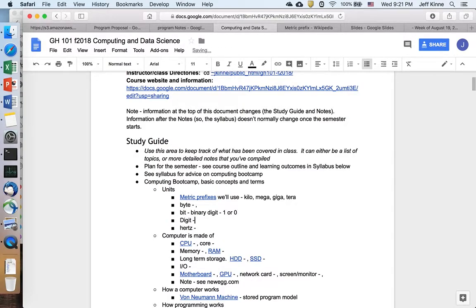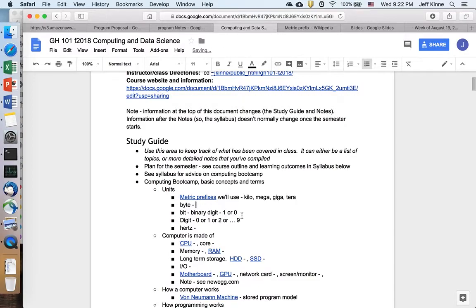A digit is 0 or 1 or 2 or 9. It's just a number between 0 and 9. A bit is just a number that's 0 or 1. And the reason that that's important is because computers use zeros and ones, which we can discuss in another video.